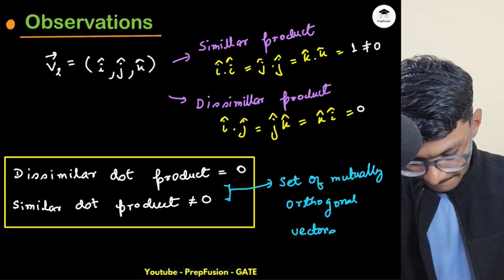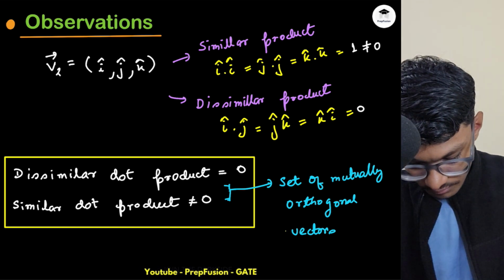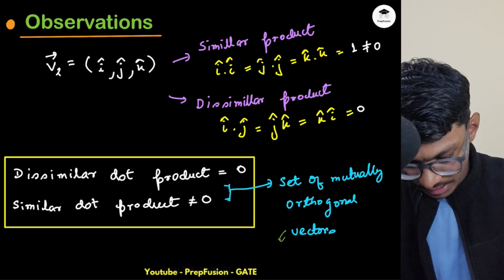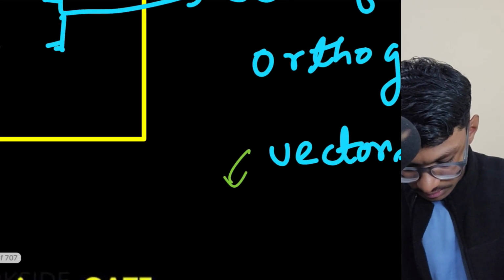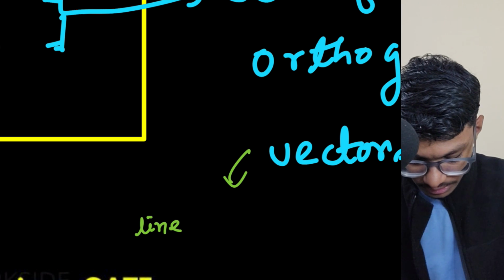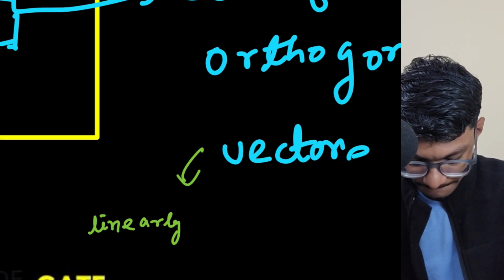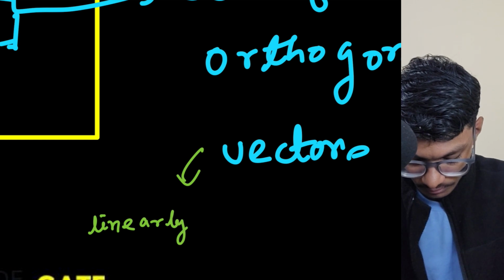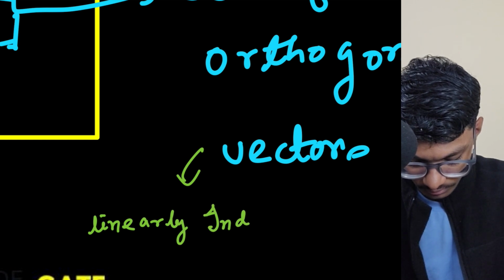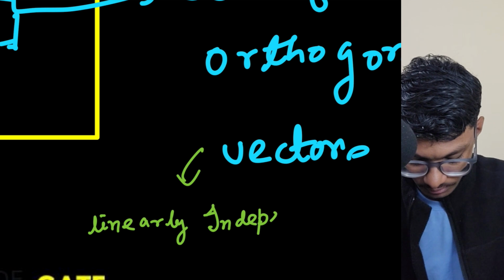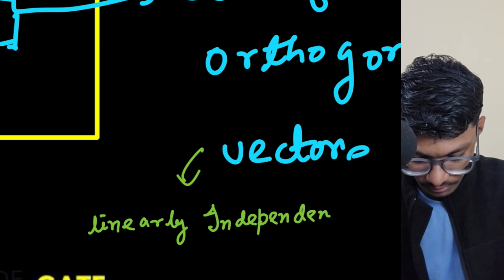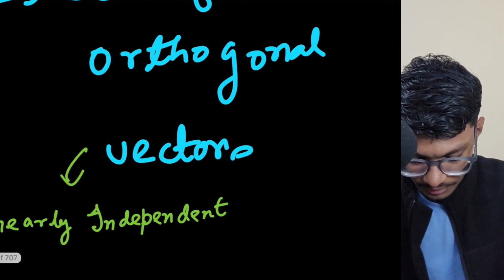So these sets of vectors are linearly independent vectors.